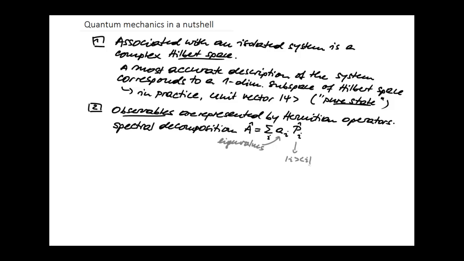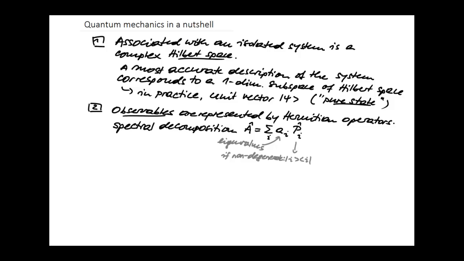This is the form that applies when the eigenvalues are non-degenerate. In that case, you can always decompose a Hermitian operator in this form: sum over i, eigenvalue, and then the ket, the associated eigenvector, and then the bra, the associated eigenvector.